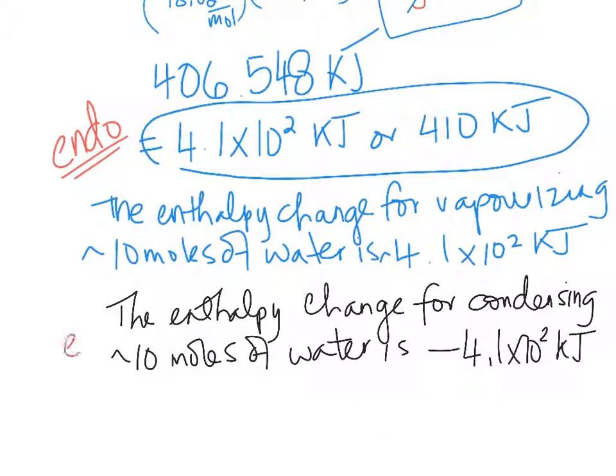In this case, because we have this negative sign, it is exothermic. So if your delta H is a negative value, it is exothermic. If your delta H is a positive sign, it is endothermic.